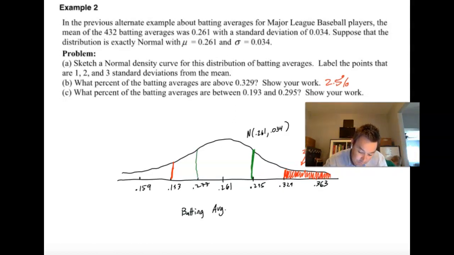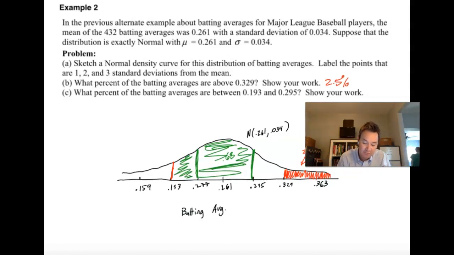Well, here between the greens is 68% of the data. So we need to add onto this how much is in here. Well, 2 standard deviations is 95% of the data, so that would be from here to here. It would be all the pink area.